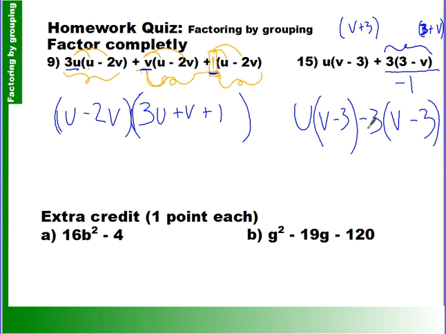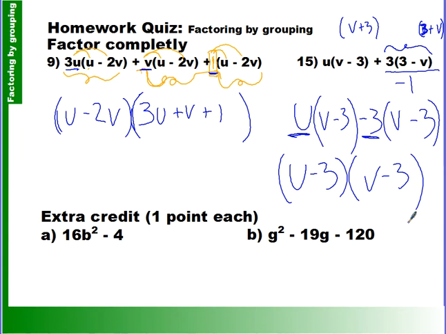Okay, let's factor it, and then we'll take the question afterwards. So let's finish the question. Jameson had his hand up and didn't get called on. So what is this going to factor to? It's going to be U minus 3, and here's the U, here's the minus 3, and then times V minus 3.